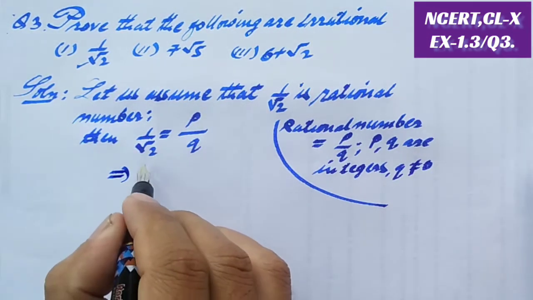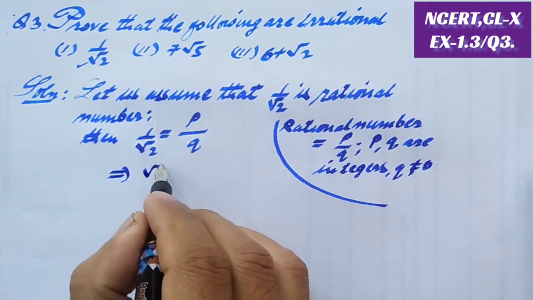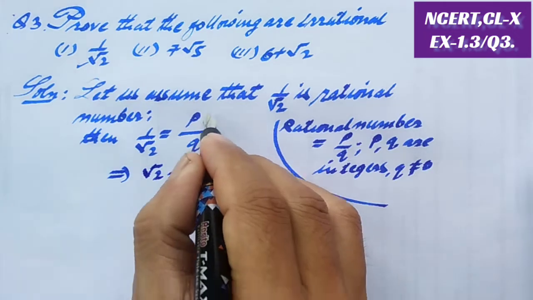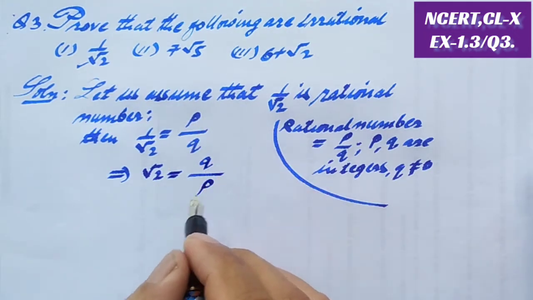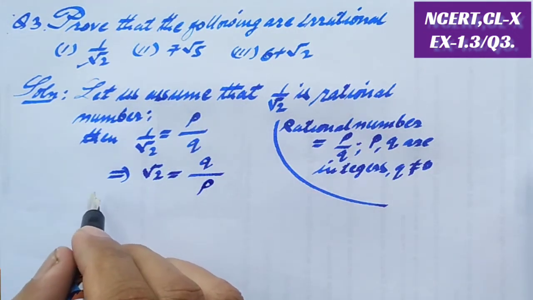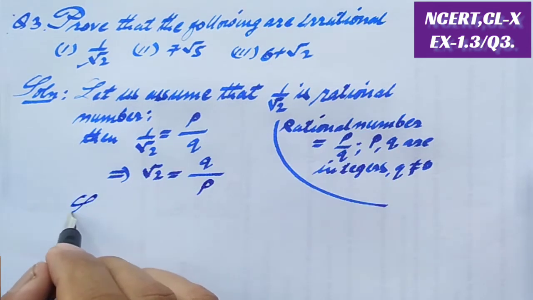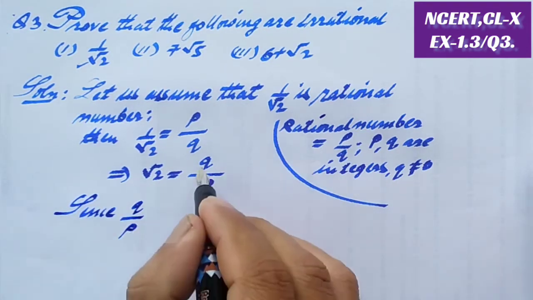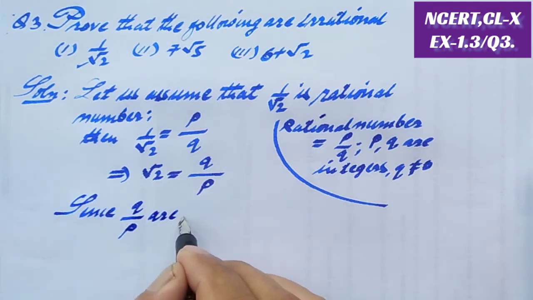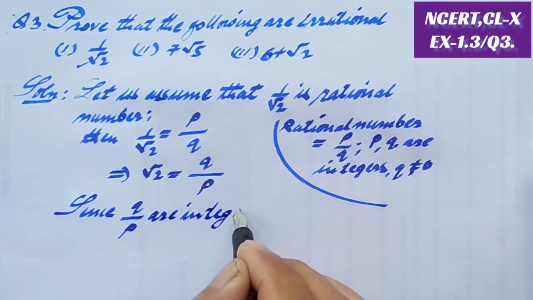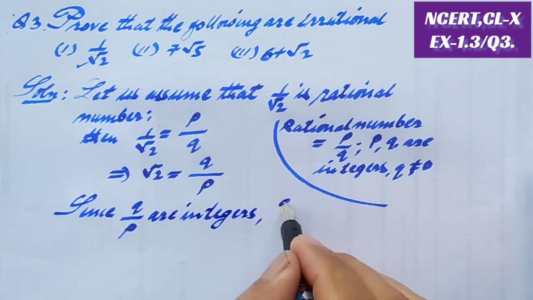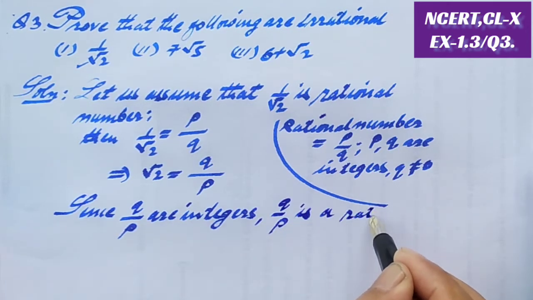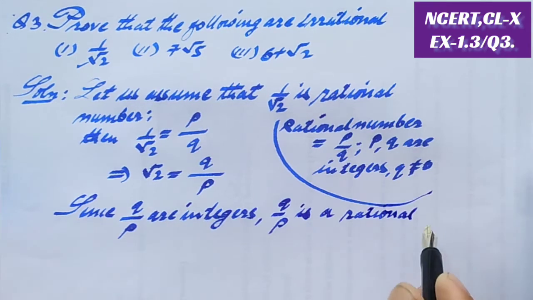So let us take root 2 up. Then we can reverse it so that q will go up and p will come down, as we are taking root 2 up. So now here, since q and p are integers, q by p is a rational number.